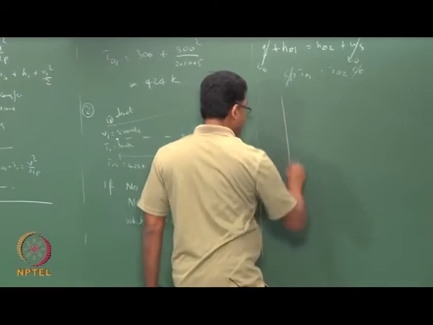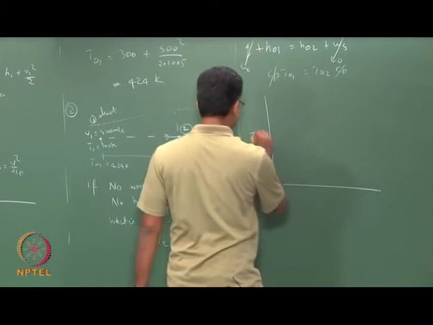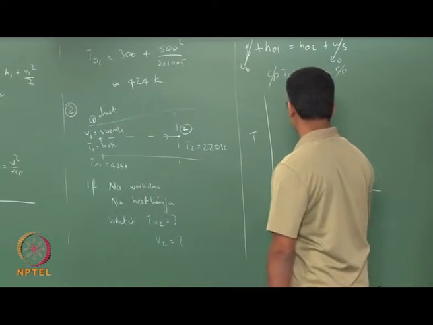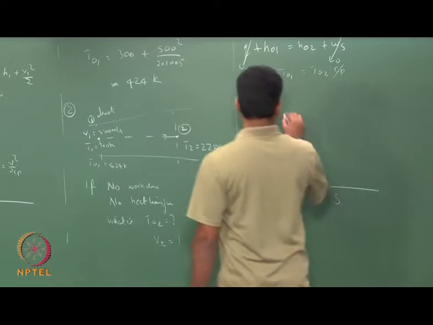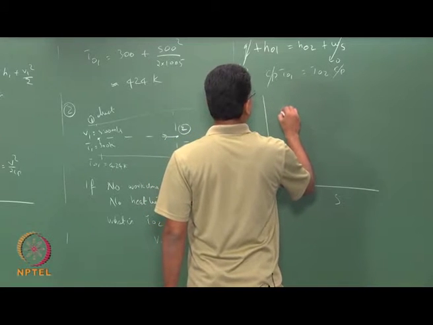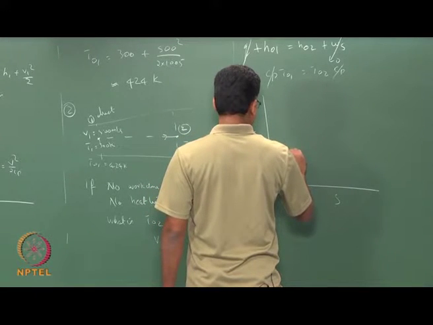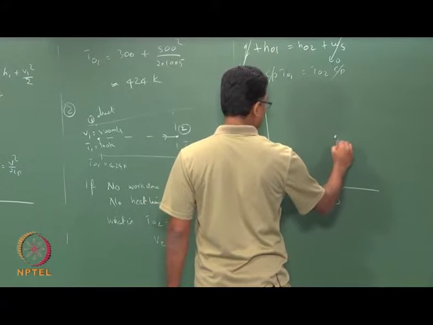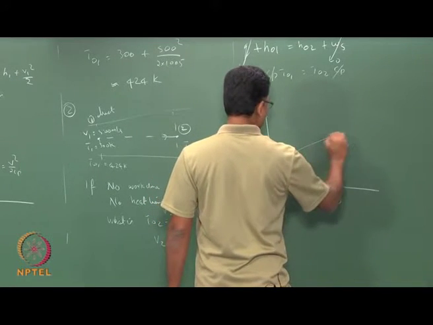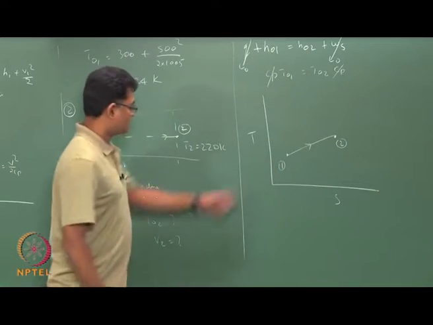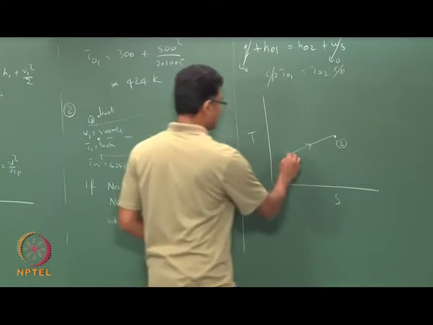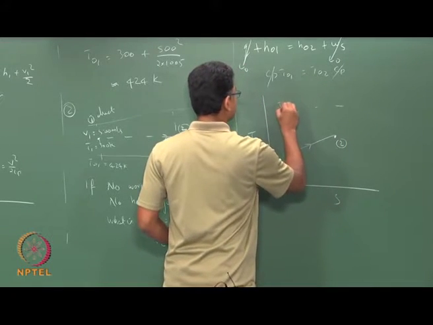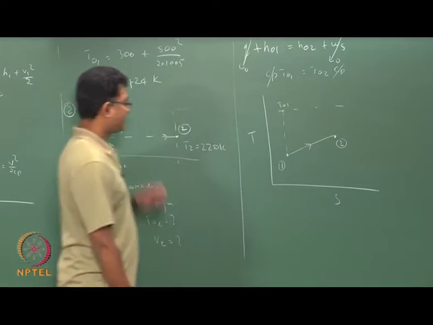So, in the TS diagram, all this assuming 1D flow or quasi 1D flow, I have 1, I have 2, there is some process associated with 1, there is a stagnation state which has T01.